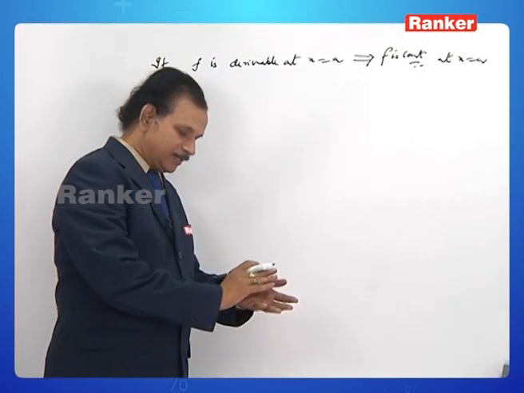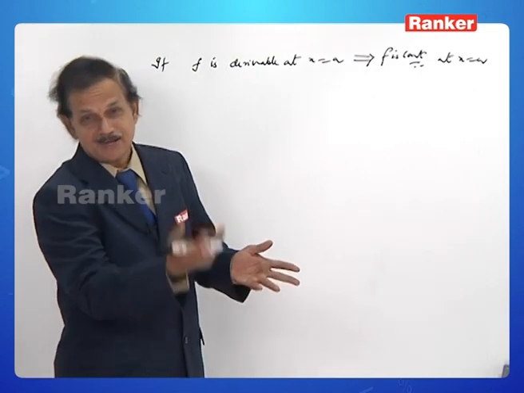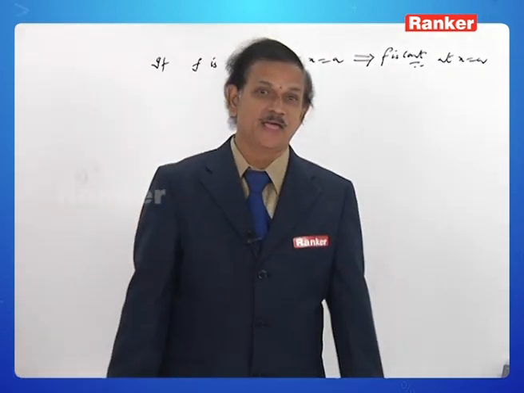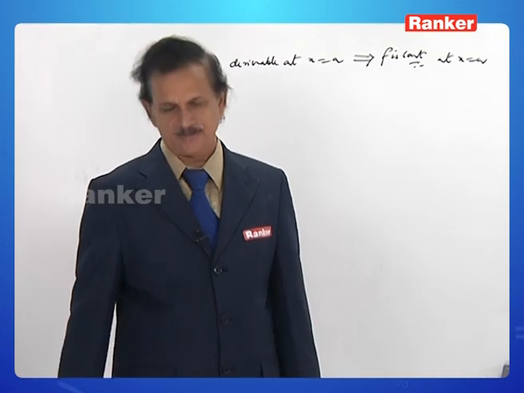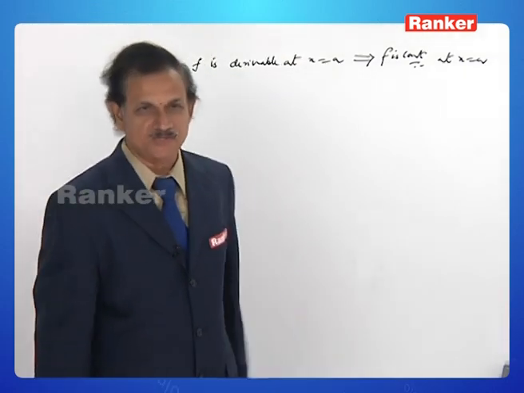So derivability implies continuity. But you see, continuity need not imply derivability. That is a concept of great importance. Surely we shall come across so many numerical examples in which it can be used.